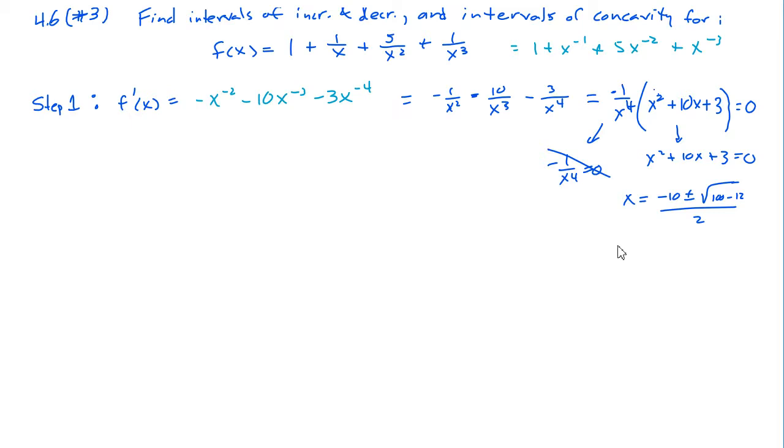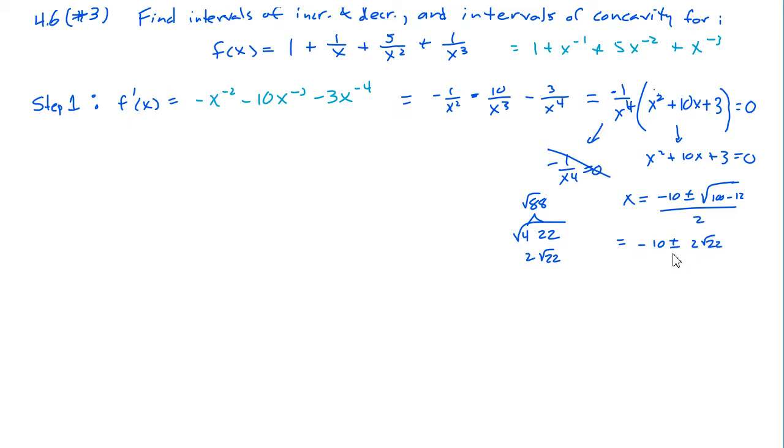And I can simplify that a little bit. So it's negative 10 plus or minus root 88. Root 88 is really what? Root of 4 times 22. And so I can write that as root 4 root 22, or 2 root 22. So that's plus or minus 2 root 22 over 2.